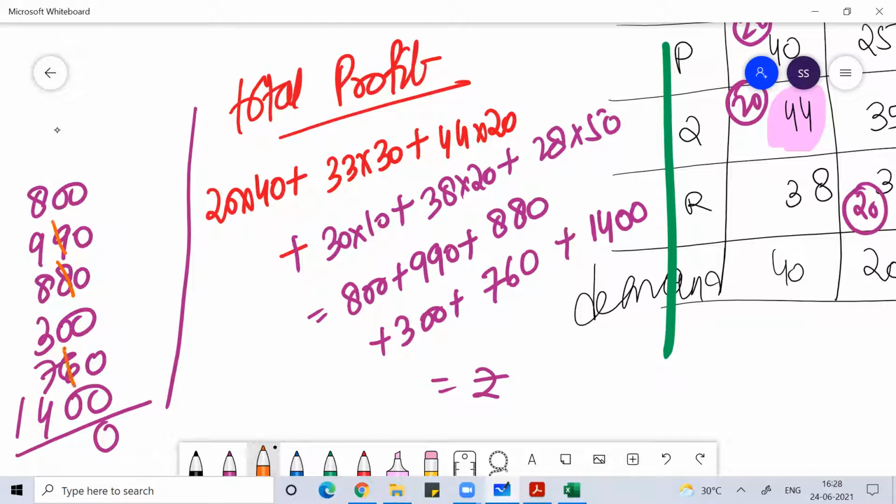Adding up: 2 carry 10, 19, 28, 31, 38, 42, 5230. Clear? Anyone, any doubt?